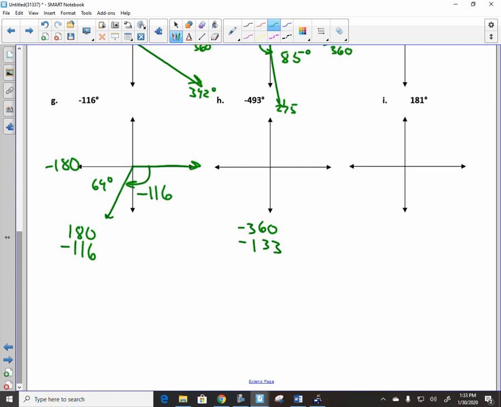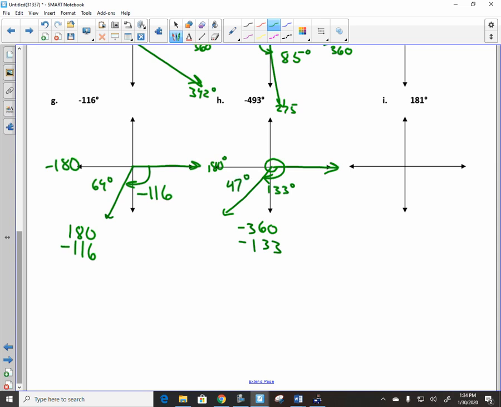So we're going to go around negative 360 and we're going to go around another 133 degrees. So if this is 133 degrees, how many more do I have to go to get to 180? 47 degrees. That's your reference angle.